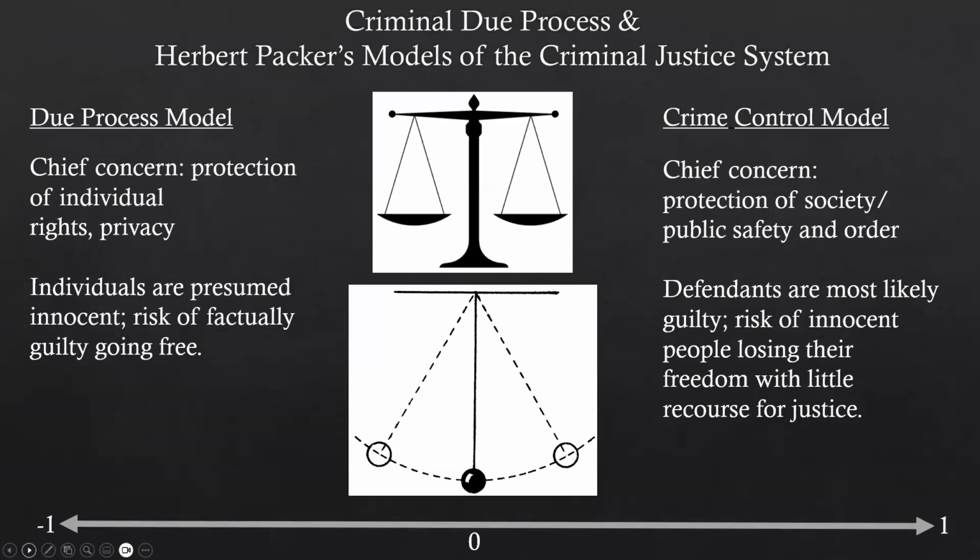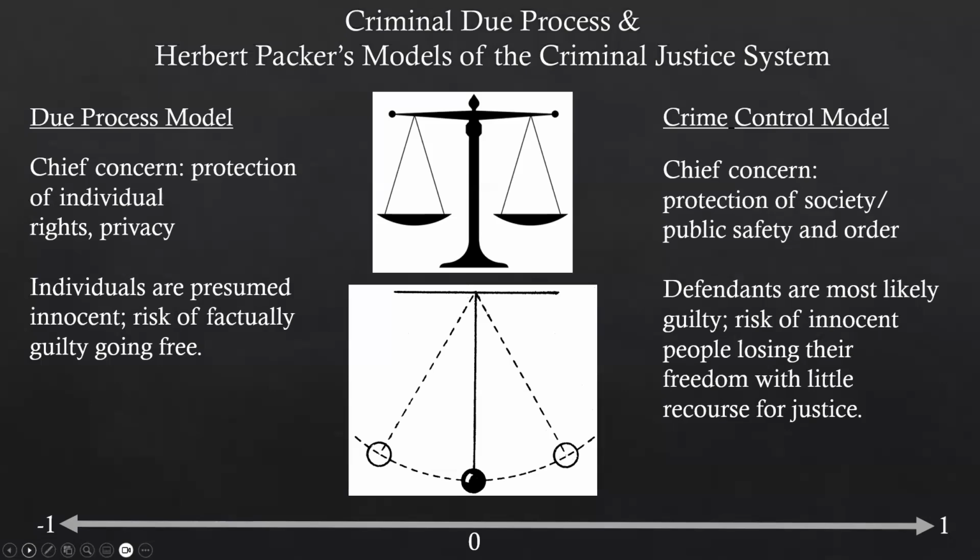So now these are two sort of extremes, right? They exist on, you can look at it as like the line you see at the bottom of the screen, like a spectrum. You could see it as a pendulum swinging back and forth, or the scales of justice, whatever works for you. I want you to recognize that the extent that we go towards upholding due process takes away or risks the loss of crime control.